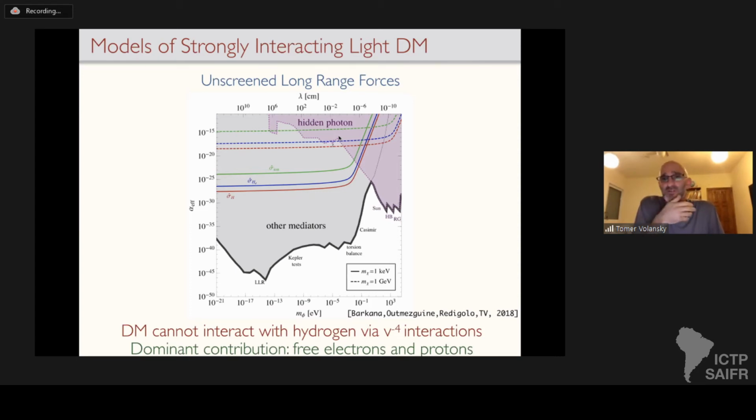So these are completely constrained, and cannot explain the EDGES phenomenon, at least not in the vanilla kind of way. And so what you need is something that is screened, which means that you do not interact with the hydrogen, and the main contribution just comes from the free electrons and protons that are still there at very small numbers, but still there.